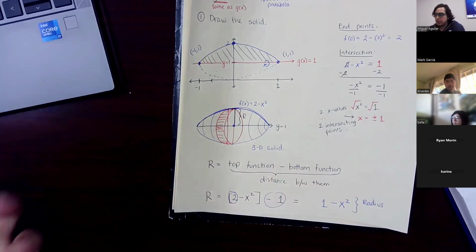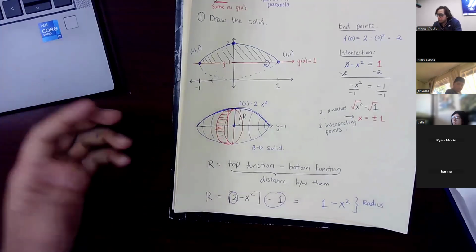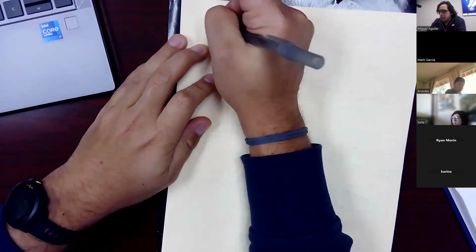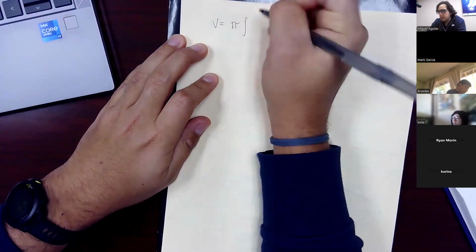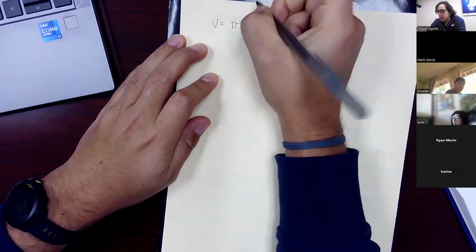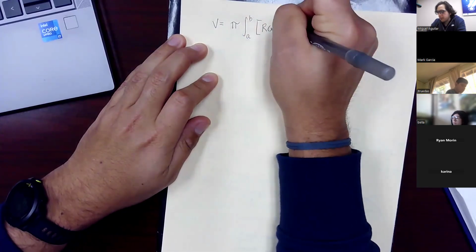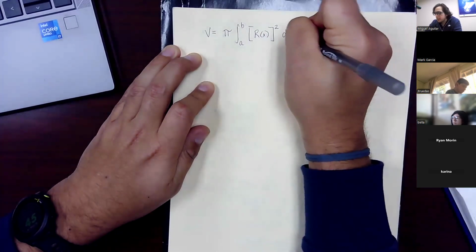Okay, well now it's time to sort of set up our integral so that we can calculate the volume, right? So bringing in our volume formula again, the volume is going to be equal to pi times the integral from a to b of this radius function that we found, r of x squared dx.